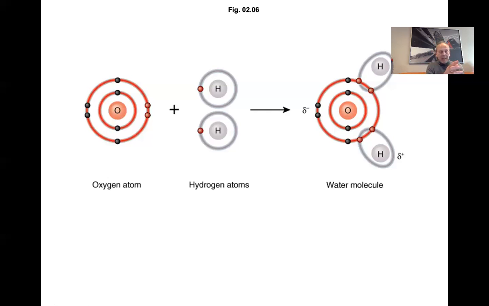So 8 versus 1. Obviously that electrical attraction of 8 positively charged particles for the electrons is 8 times greater than what a single proton can generate as the attraction for a pair of electrons.